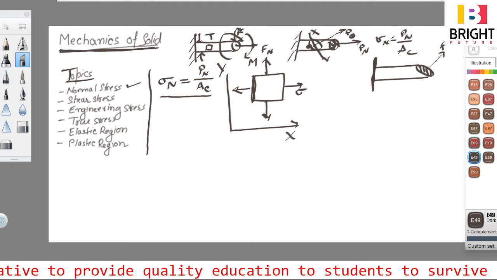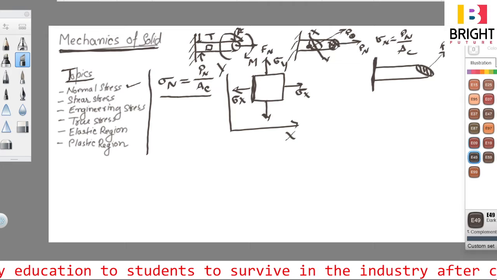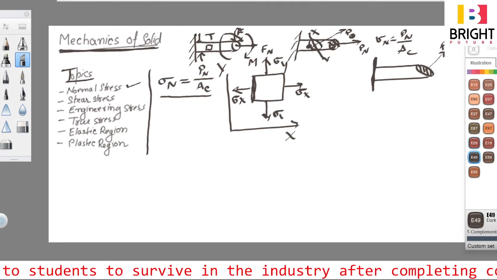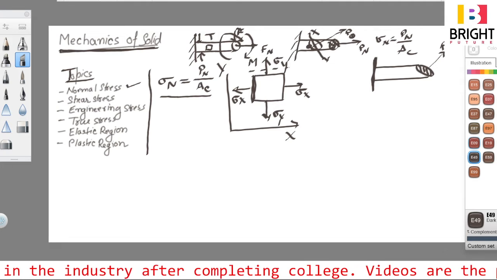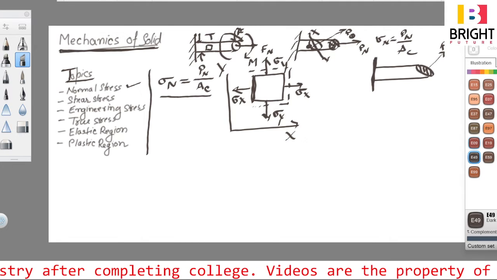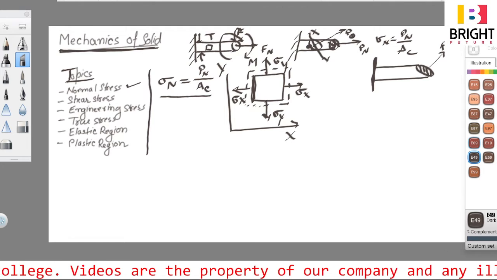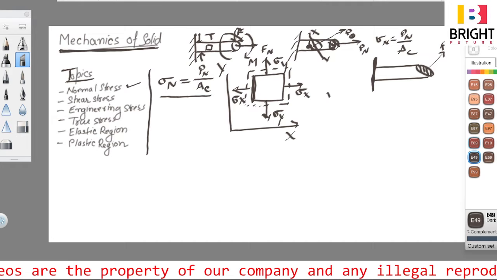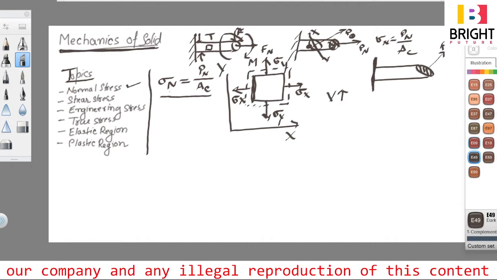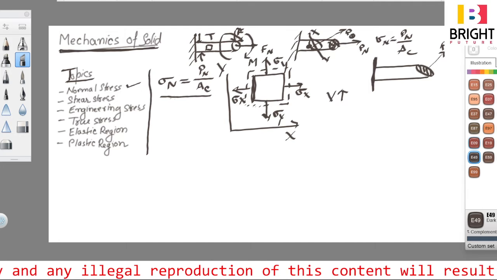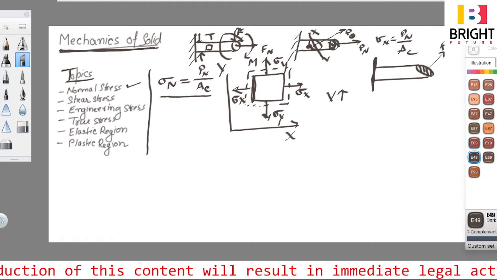So I am representing it as sigma x, and here as sigma y. These two stresses will be responsible for expansion of this material, so its size will increase within the elastic limit. So normal stress is responsible for expansion of material within the elastic limit, and its volume will increase, right?